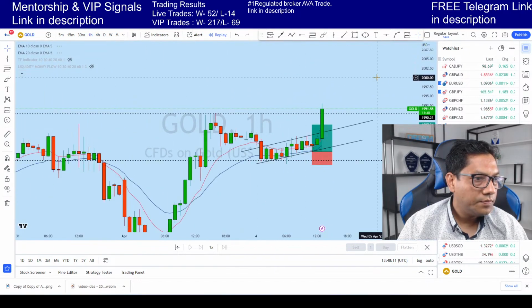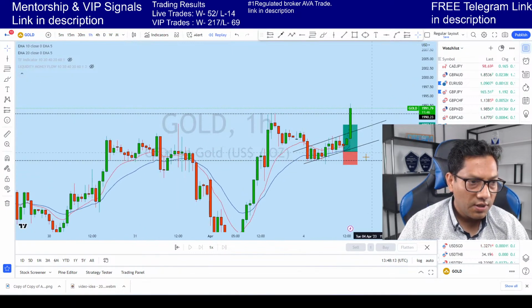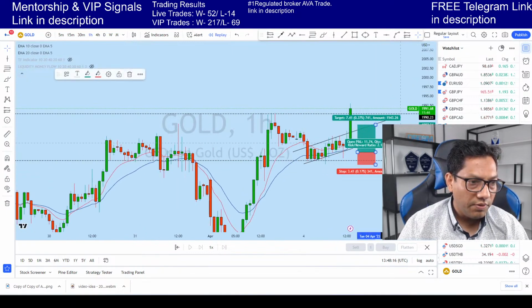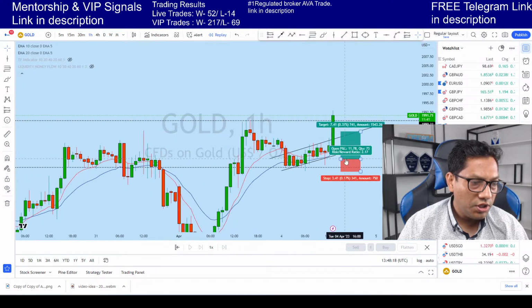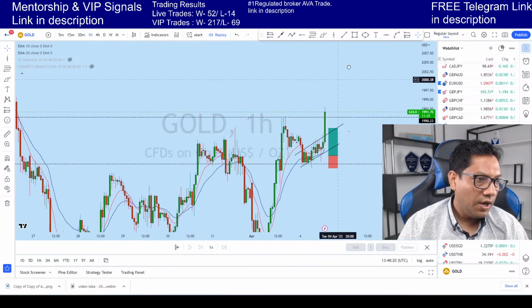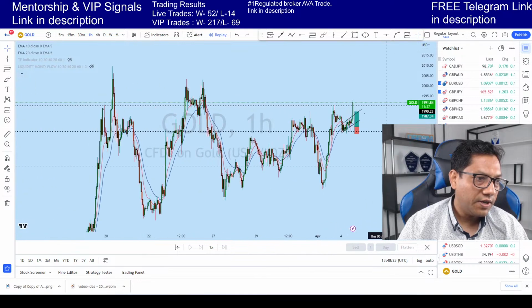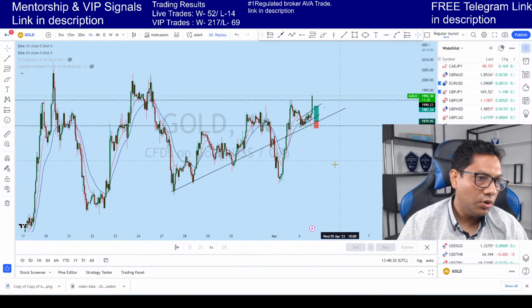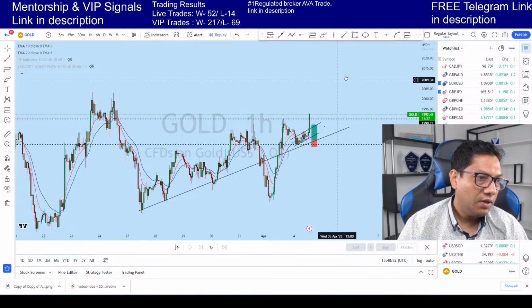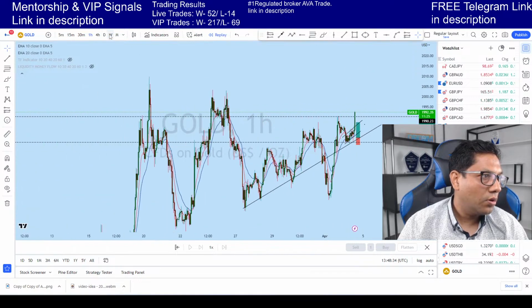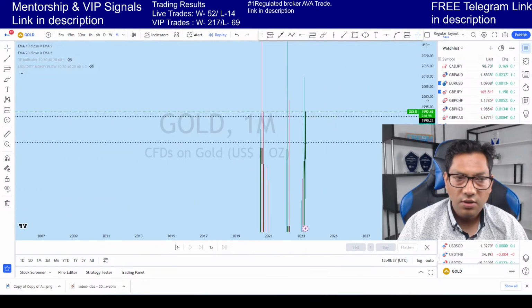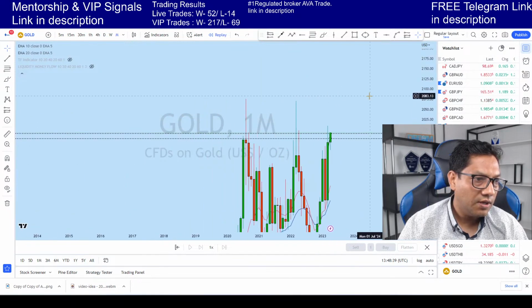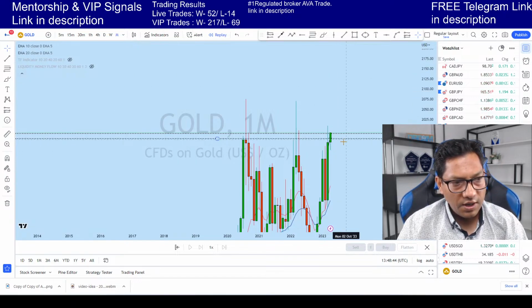Gold made a very aggressive move after this doji went up, and with this move it has maintained the long-term support level, with a big liquidity gap and a retest of this level. On the monthly, after testing this level, we have seen it is now going up.